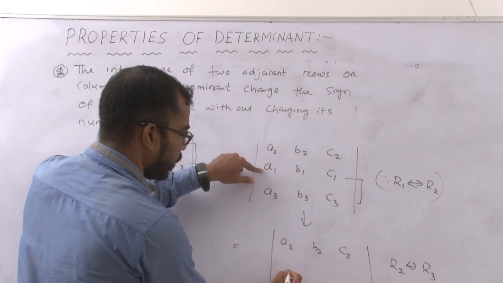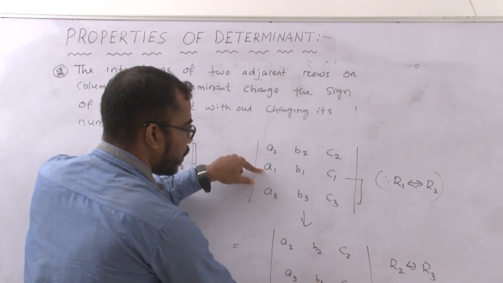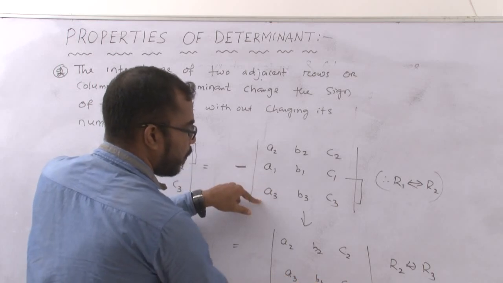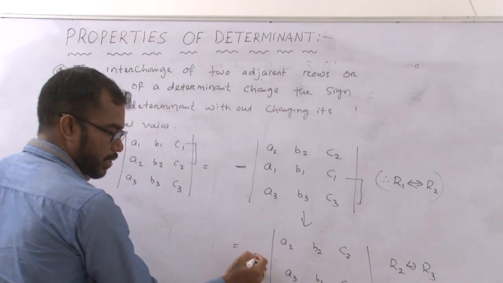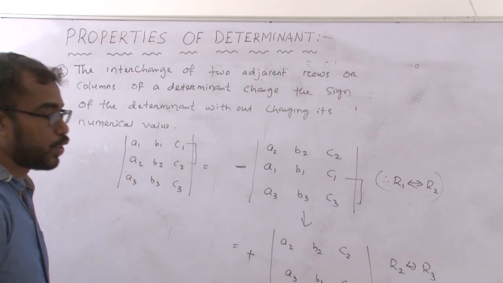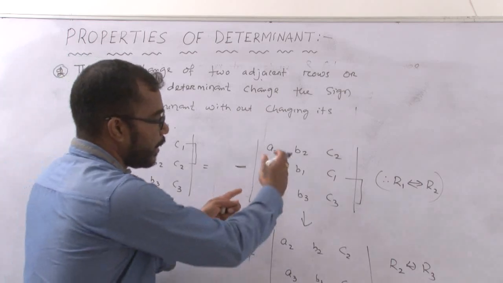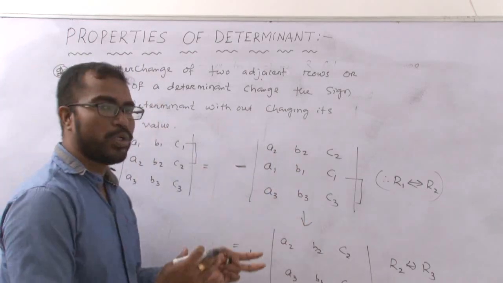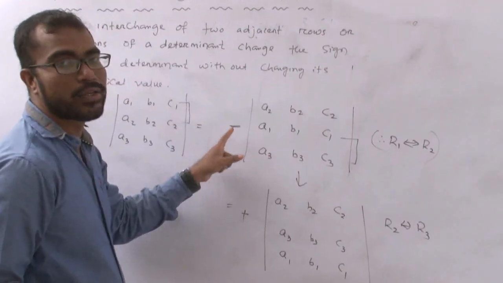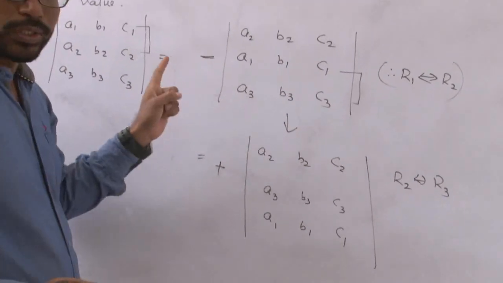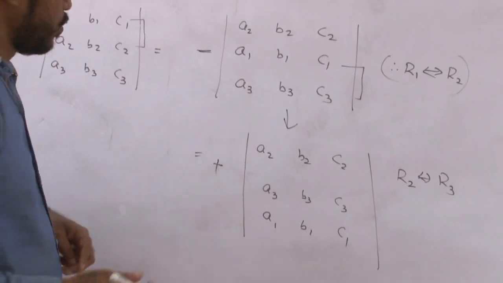So here we can write A3, B3, C3, A1, B1, C1. And the sign will be minus of minus, that means plus. So the interchange of any two rows or any two columns changes its sign only, without changing its numerical value.